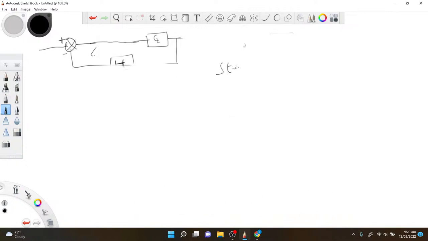They have step, ramp, and then let's say parabolic. So let's say type 0, type 1, type 2.